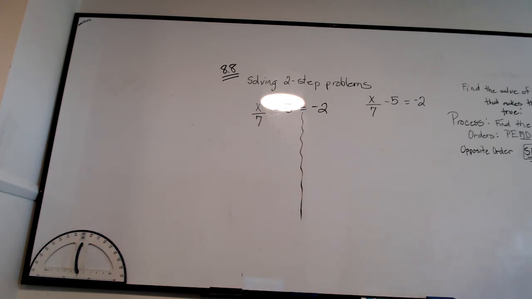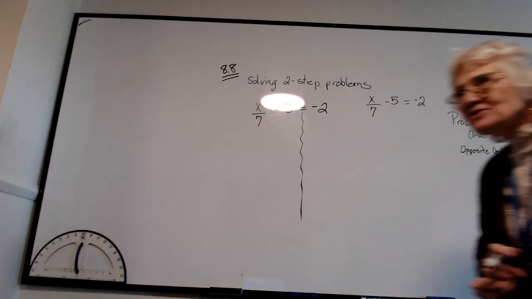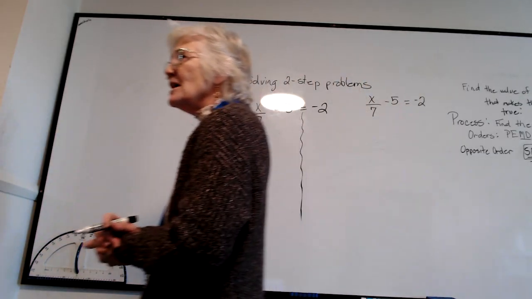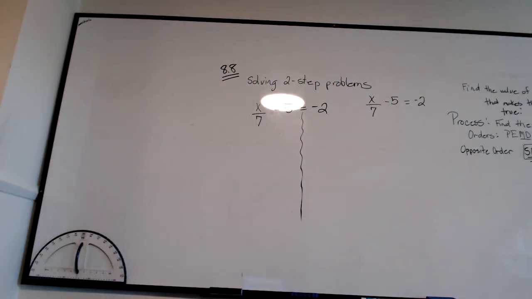We're going to look at the subtraction part first because we're going to undo that part first. So what am I subtracting right now? We're not taking away the 5. I need to get rid of the negative 5. How do I get rid of a negative 5? Positive 5. A positive 5.